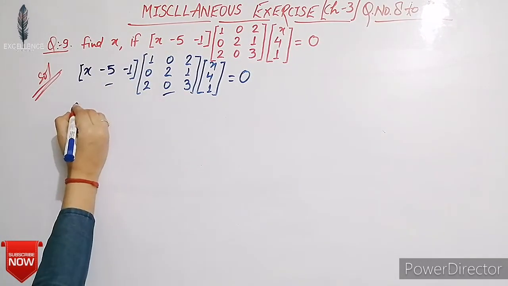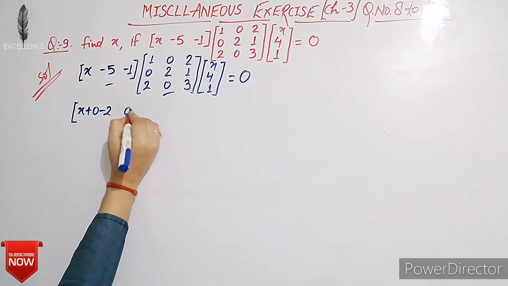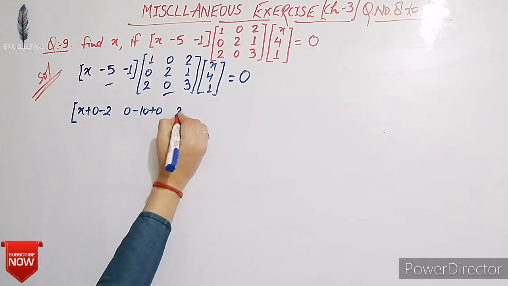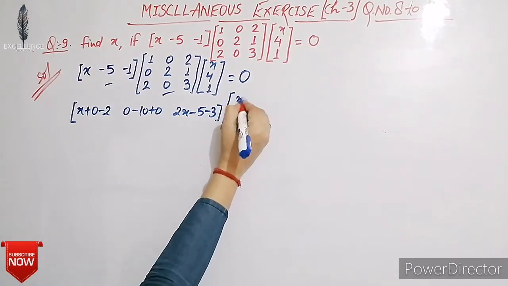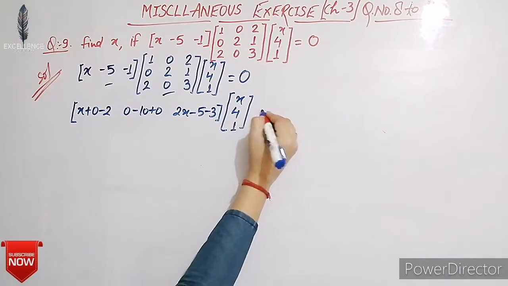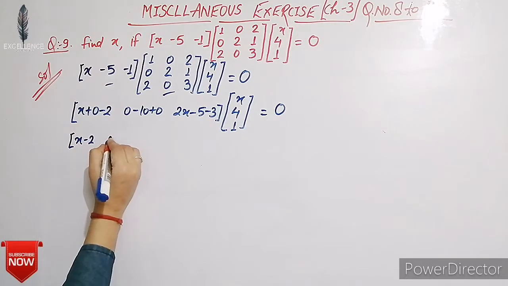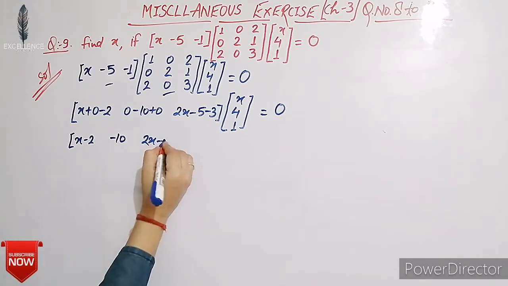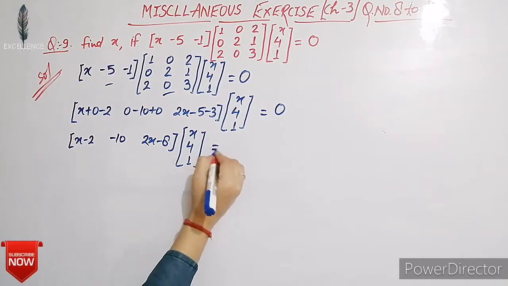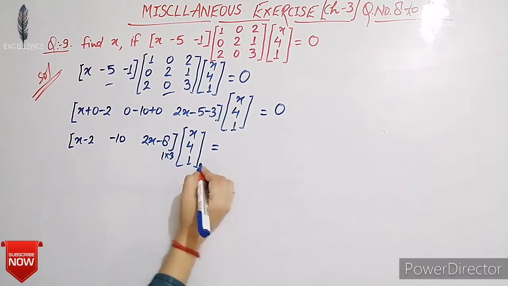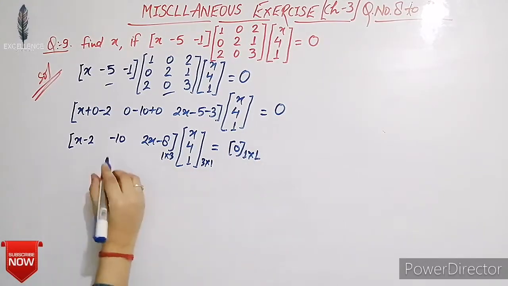So first we have to multiply first and second matrix, then we get x plus 0 minus 2, second element is 0 minus 10 plus 0, and here 2x minus 5 minus 3, which is multiplied by [x, 4, 1], equal to 0. Now here x minus 2, it is minus 10, here 2x minus 8. Now the column matrix [x, 4, 1] is in the order 3 into 1, the first is in the order 1 into 3. So here the 0 matrix is of the order 1 into 1.